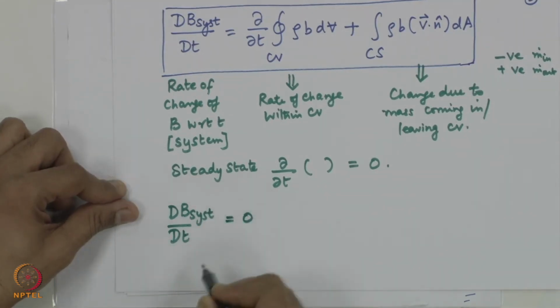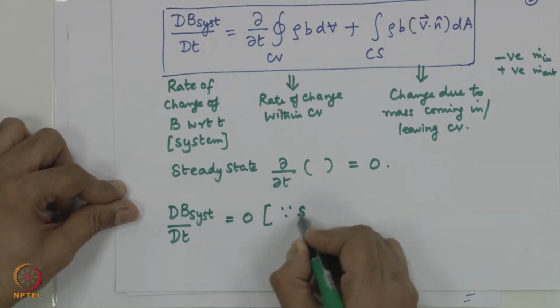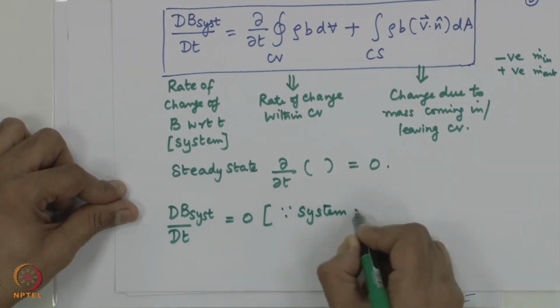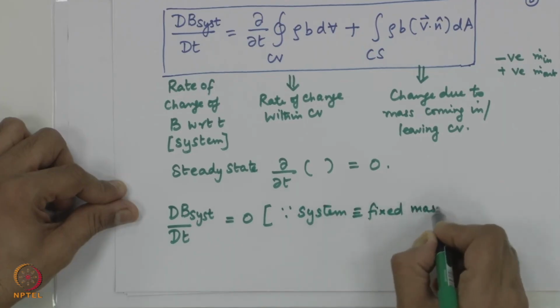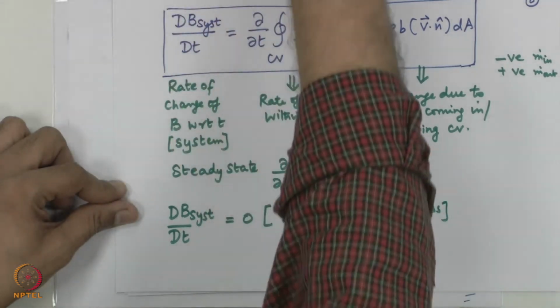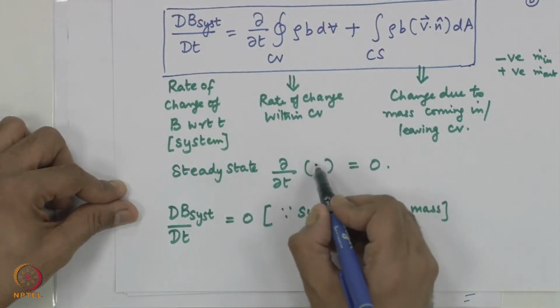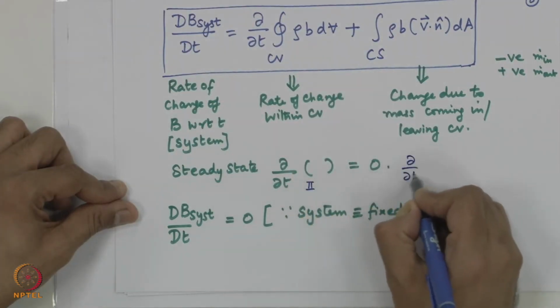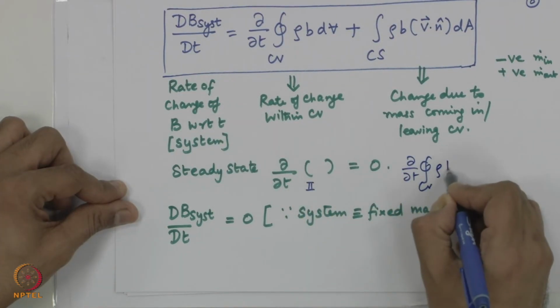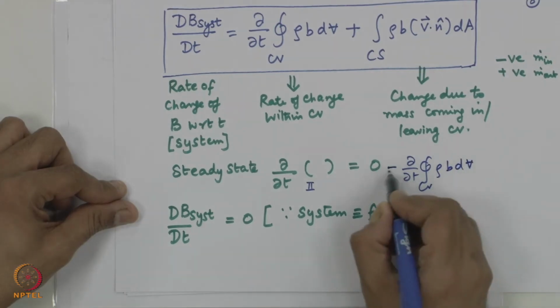So, this is going to be 0 because the system is fixed mass. This has nothing to do with the concept of steady state. Whereas, d by dt of the second term which I have written, that is d by dt of integral rho b dV, this would be 0 at steady state.